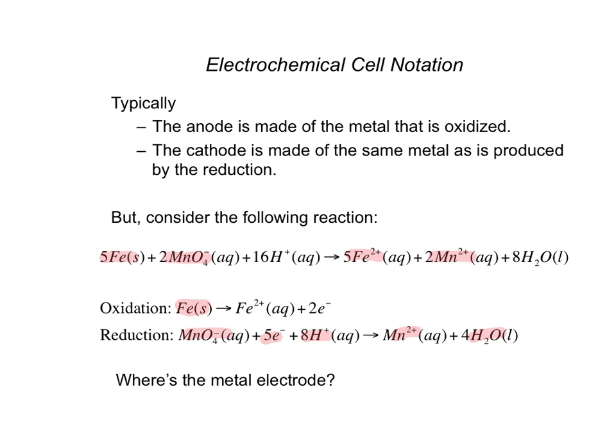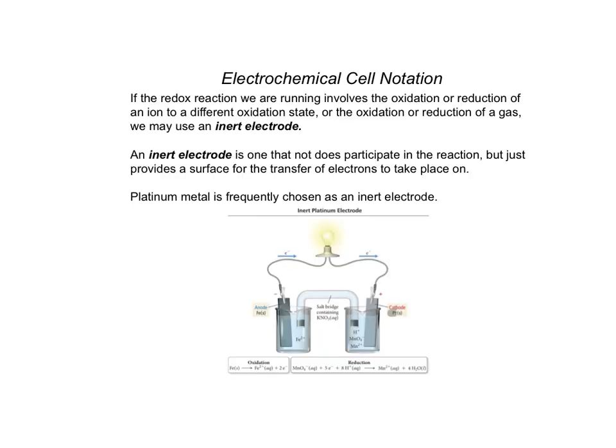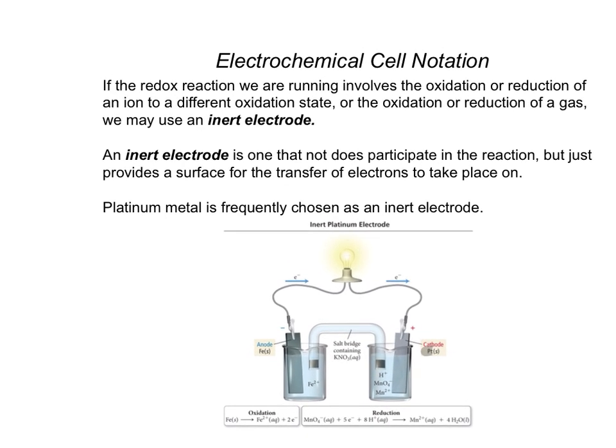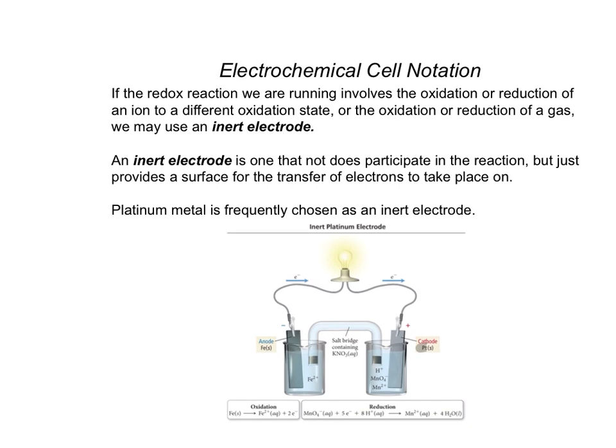But we can still use this in a nice voltaic cell. The only thing we have to do is include something called an inert electrode, okay? What we mean by inert electrode is essentially a metal conductive surface that is just a vehicle by which electrons can enter and leave whatever half reaction they're dealing with.